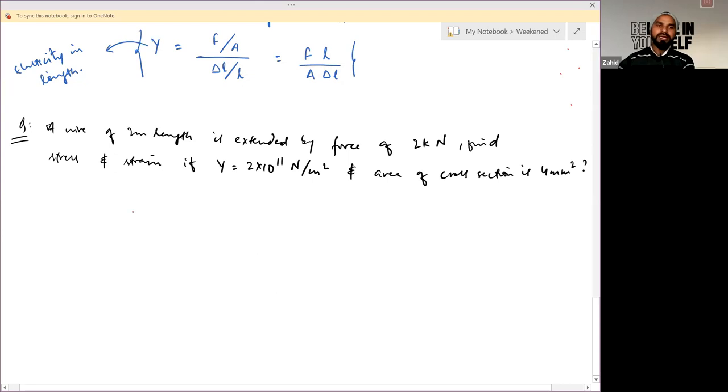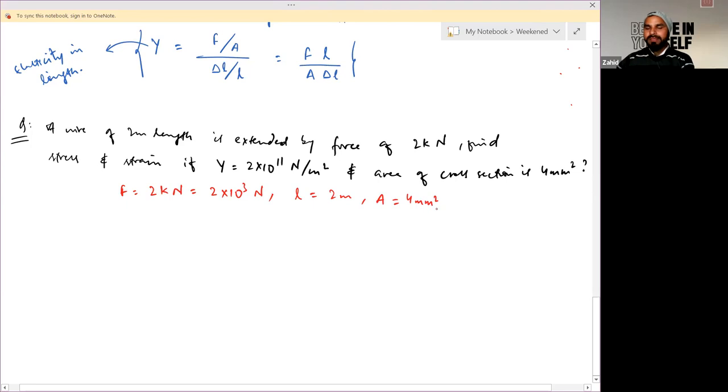In this part, we have force F equals 2 kilonewton. Kilo means 10 raised power 3, so you may write it as 2 into 10 raised power 3 Newton. Length of wire is 2 meter. Area of cross section is 4 mm square. First of all, we have to convert each quantity in terms of SI unit.